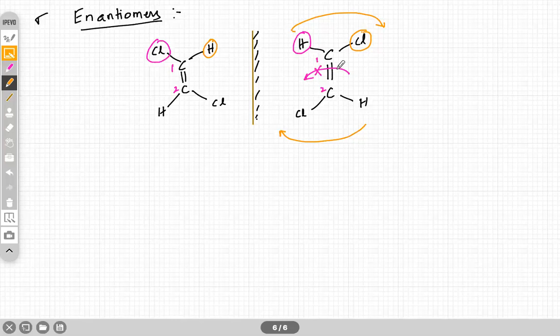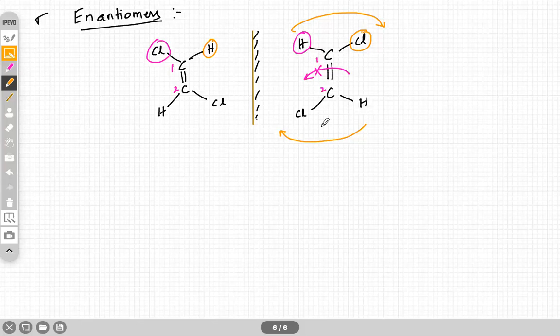In the same plane, you can rotate. This is allowed, flipping is not allowed. Sometimes when you rotate the molecule like this, it comes out to be superimposable. So you have to check that.